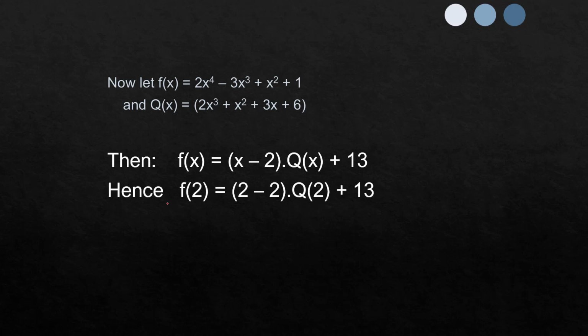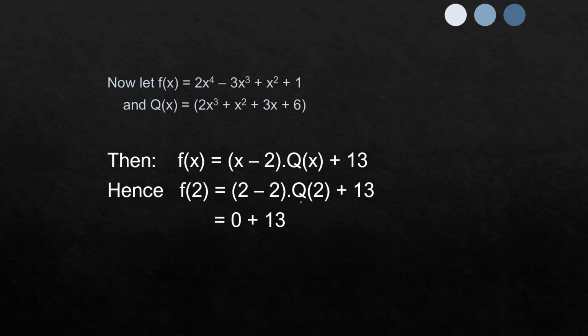Let's see that when you substitute x with 2, at the left side you will have the value of the function f(2). At the right side, when x is substituted by 2, you will have (2 - 2) times q(x).